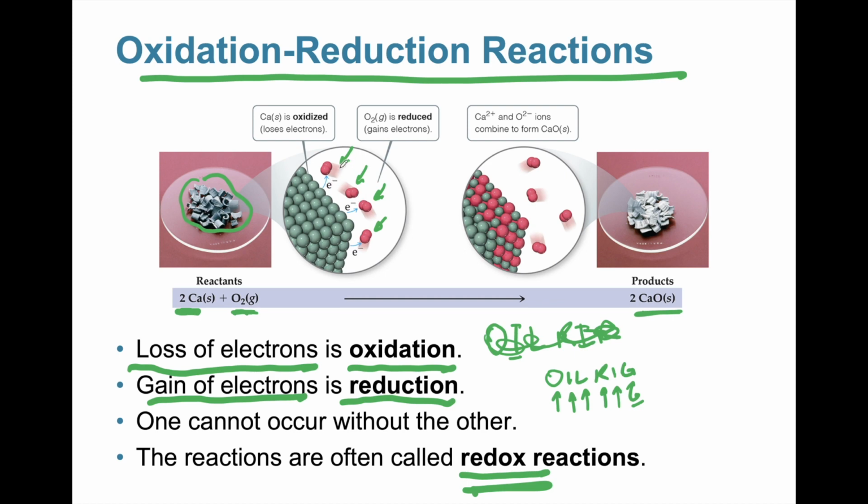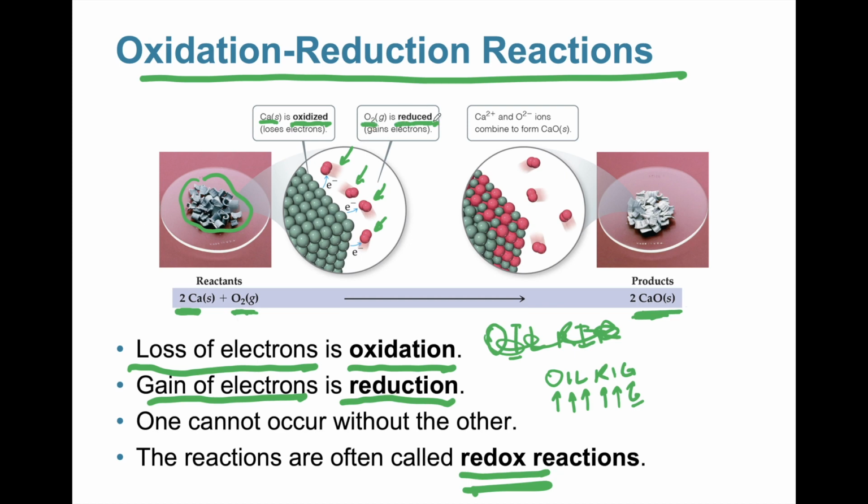And when the oxygen molecules take electrons from it, it combines with it and becomes calcium oxide, right? But if we look at a very close level, we can see that calcium, since it's losing electrons to the oxygen, is getting oxidized, and since oxygen is gaining the electrons, oxygen is getting reduced, right?